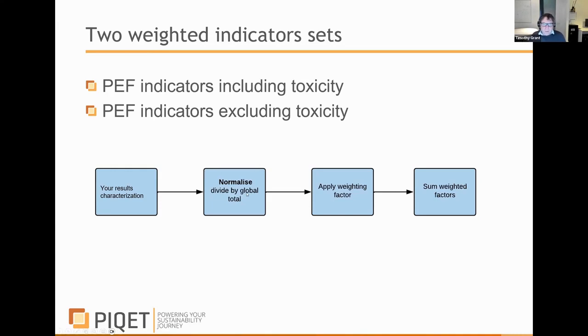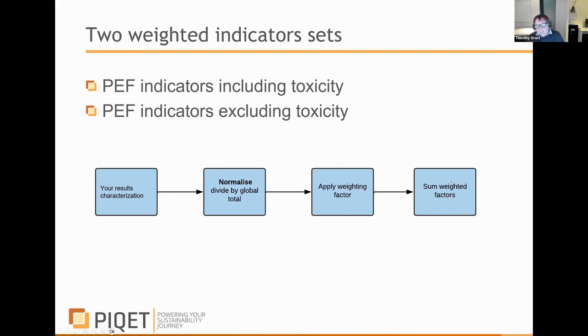And then after normalization, you actually can apply a weighting factor where we weight the different indicators based on their importance to our overall environmental aims and perspectives. You can then sum all those numbers and you end up with a single score.